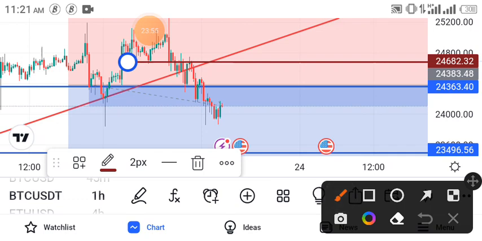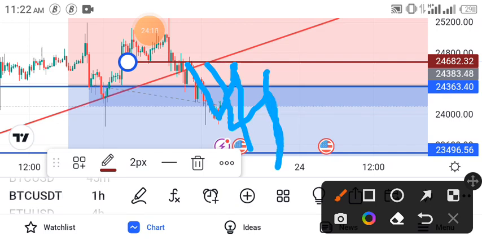So either it comes back to this area, since I've already retested it once, and gives us a double top to retest both the trend line, and then it continues, or it retests only this blue area and goes.